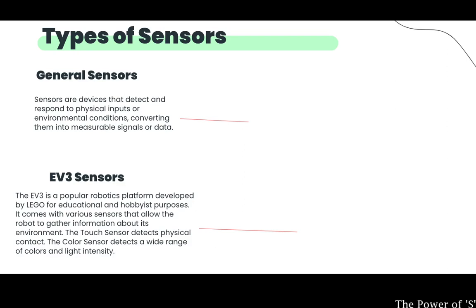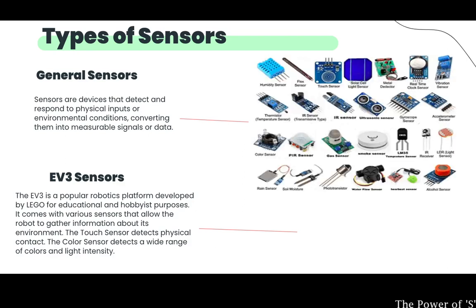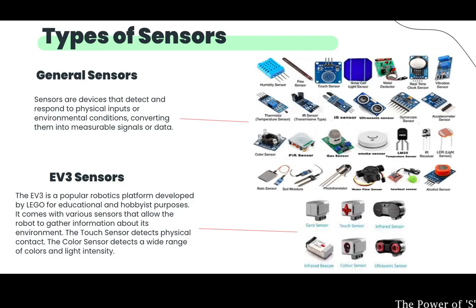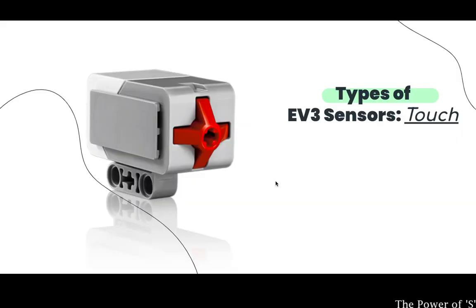Then we have the general sensors. General sensors are devices that detect and respond to physical input or environmental conditions, converting them into measurable signals or data. As we see, we have some examples here of a general sensor and an EV3 sensor. The EV3 sensor is just basically by Lego.